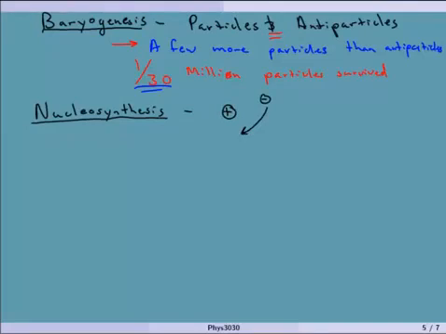But then we can have bigger nuclei. You can actually have a proton with a neutron. You can have a proton with 2 neutrons. Okay? These are all still hydrogen. This is hydrogen. This is also hydrogen.